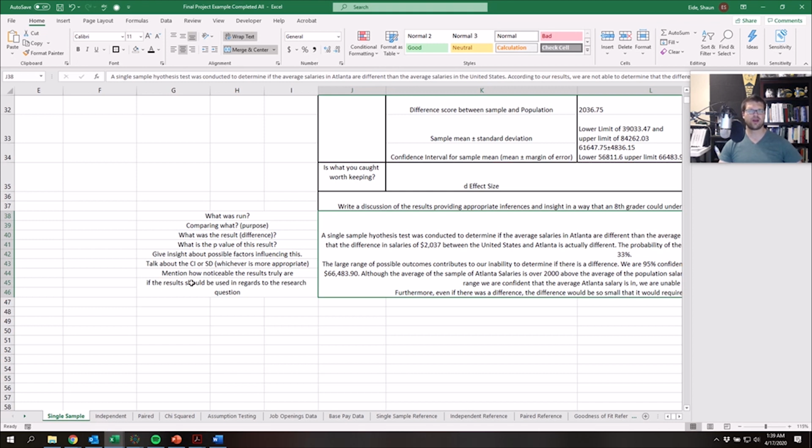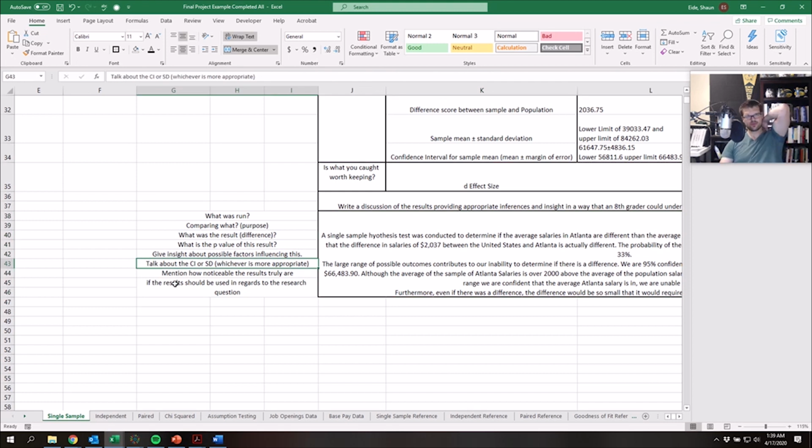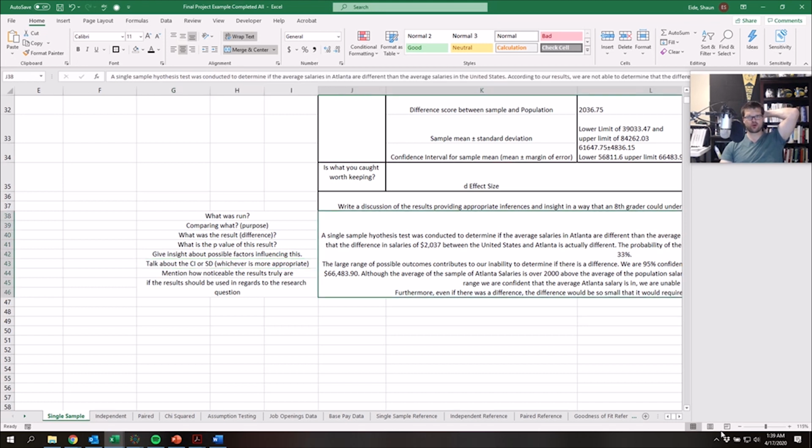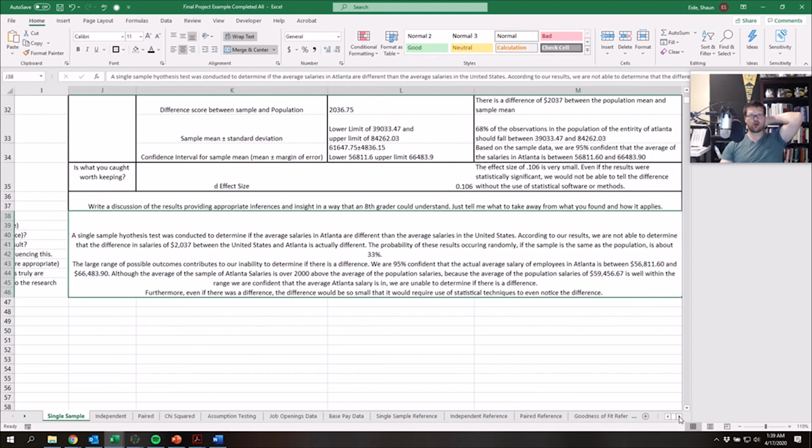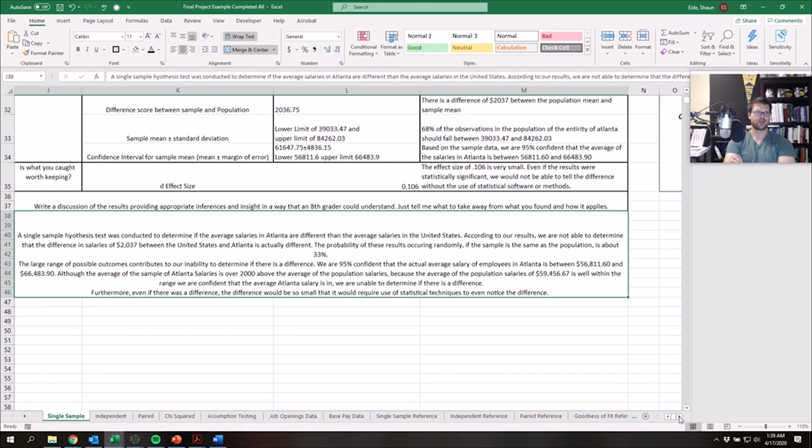We are 95% confident that the actual average salary of employees in Atlanta is between $56,811 and $66,483.90. Although the average of the samples of Atlanta salaries is over $2,000 above the average of the population salaries, because the average of these population salaries of $59,456.67 is well within the range we are confident that the average Atlanta salary is in, we're unable to determine if there's a difference.